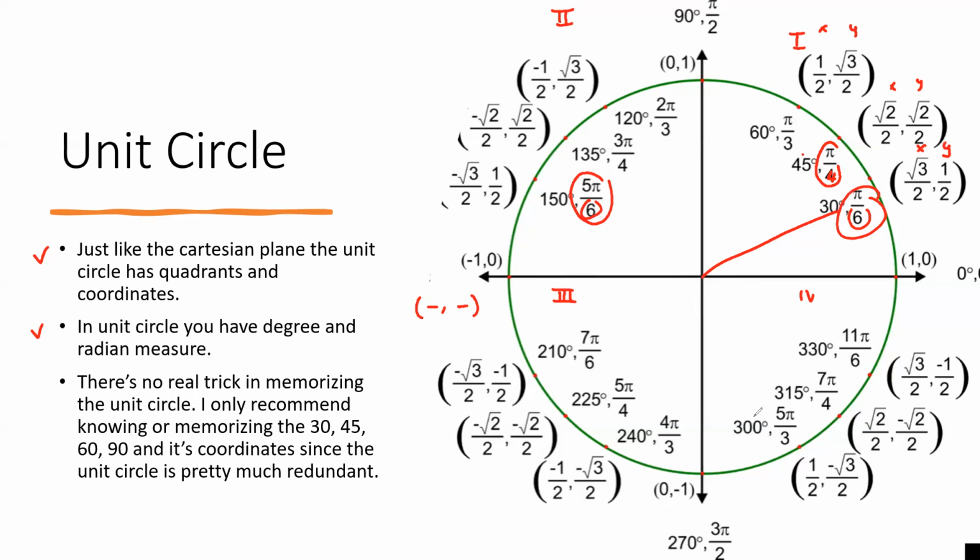If you look at quadrant 4, 300, what is the difference? The x is positive, but the y is negative. So if you look, for example, at 300 degrees or 5 pi over 3, it is related to the parent pi over 3. It's just that the y is negative. So yeah, there's no trick.